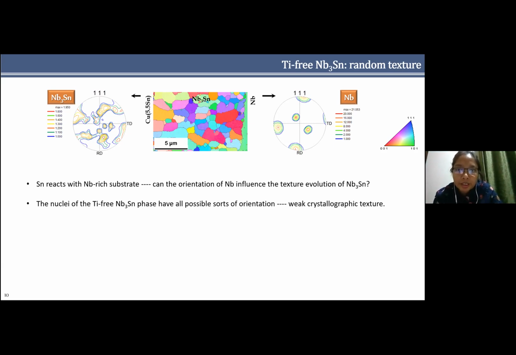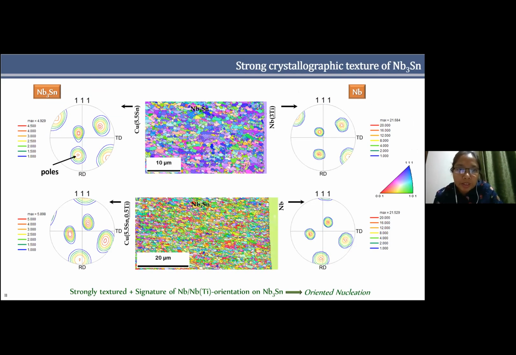This is in contrast to the titanium-added samples, where the layer is not only strongly textured but also follows exactly the same orientation as its adjacent niobium substrate. For example, in the top figure, where titanium is added to niobium, I have written Nb3Sn. There are two pole figures, left and right. The left pole figure corresponds to the Nb3Sn product phase, and the right pole figure corresponds to the niobium substrate, which is your parent phase.